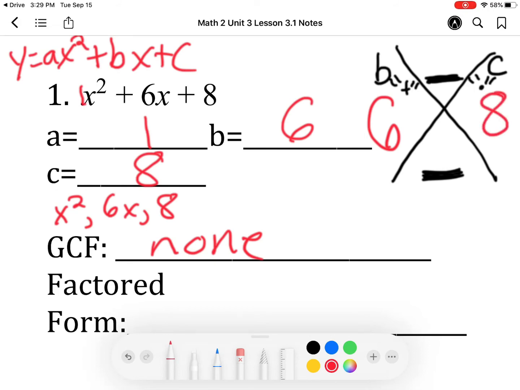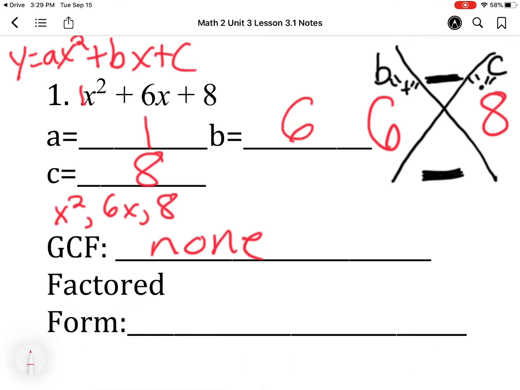So what times what is 8? You can create a table if you need to, if you can't visualize it.